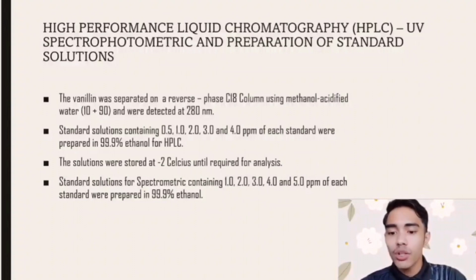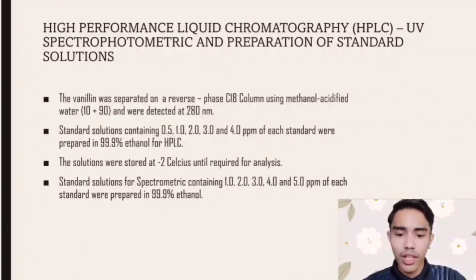The solution was stored at -2 Celsius until required for analysis. Lastly, standard solutions for spectrometric analysis containing 1.0, 2.0, 3.0, 4.0 and 5.0 ppm of each standard were prepared in 99.9% ethanol.